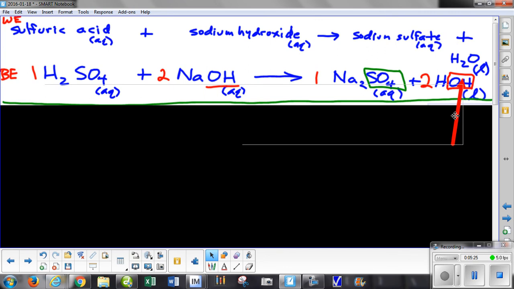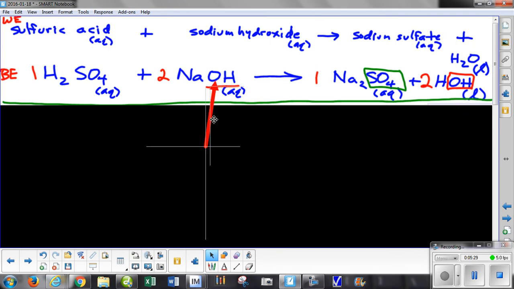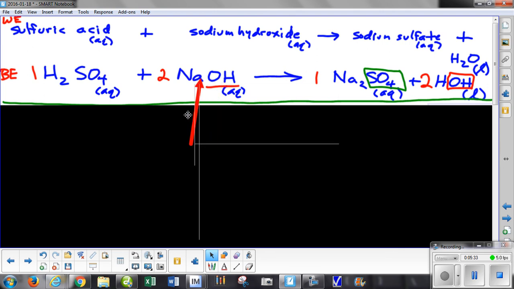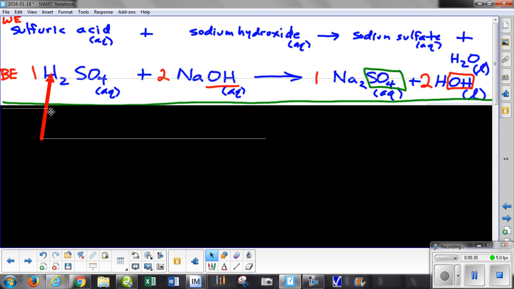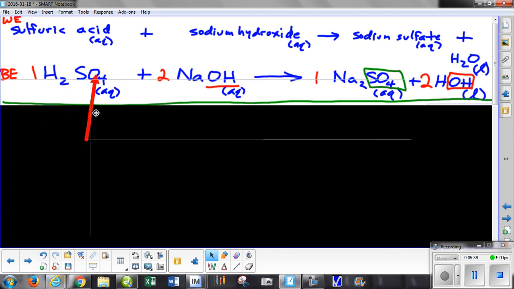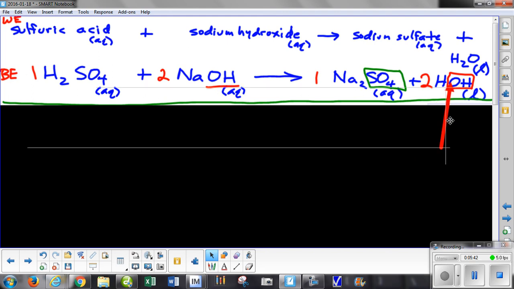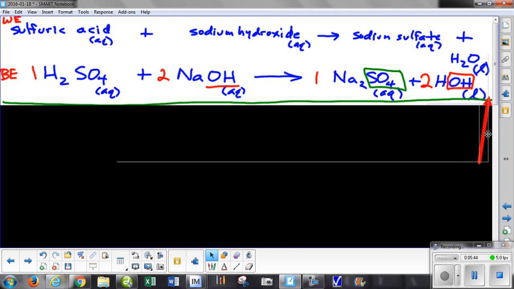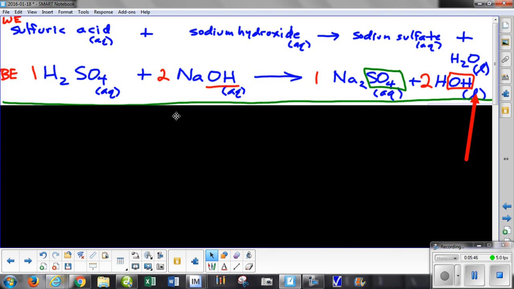If you write water this way, you will be able to see the hydroxide ion and know that that's coming from here. So this hydroxide ion got together with the hydrogens from the sulfuric acid, and we got two waters, and they are the liquid that makes this reaction run.